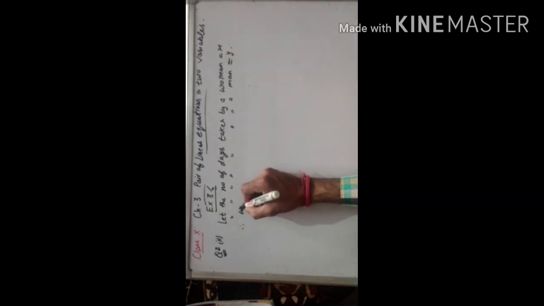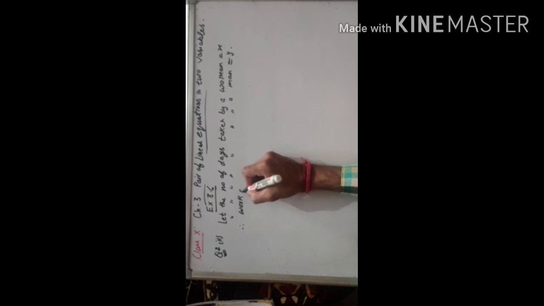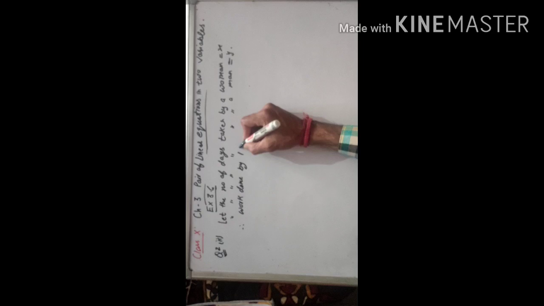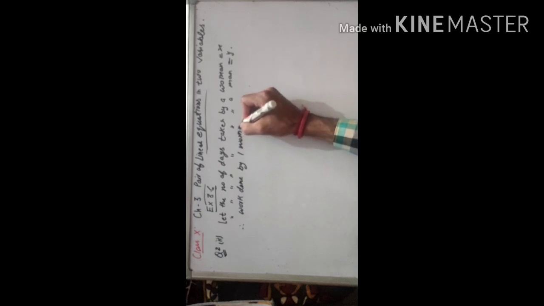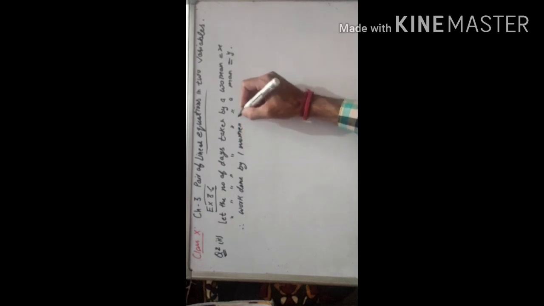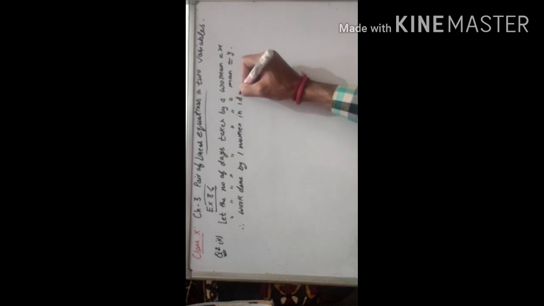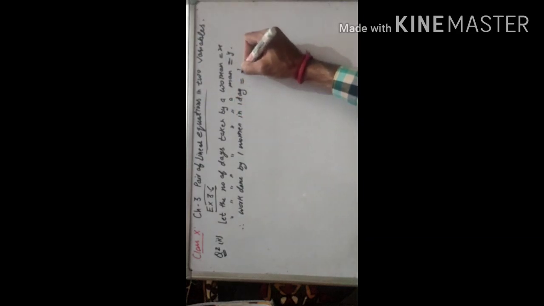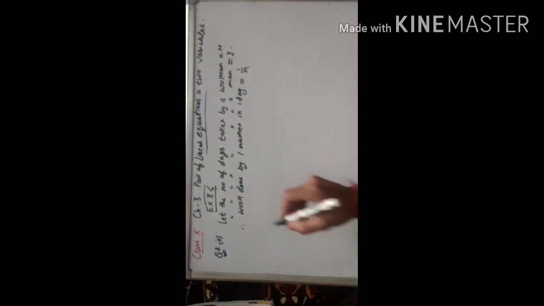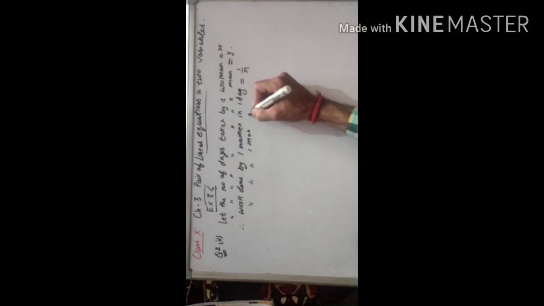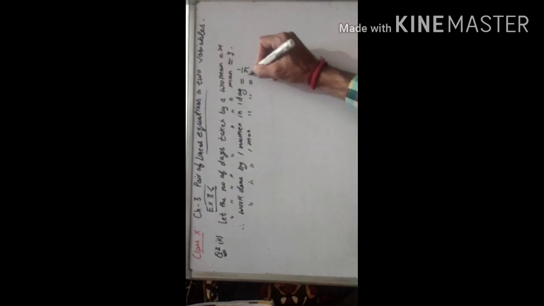Therefore, work done by one woman in 1 day is equal to 1 by x, and work done by one man in 1 day is equal to 1 by y.